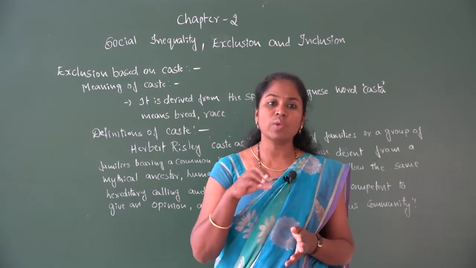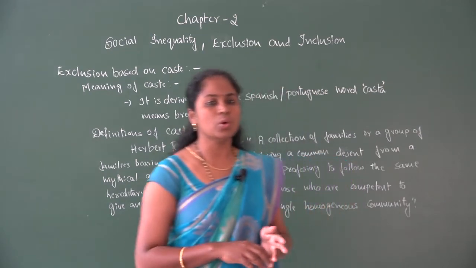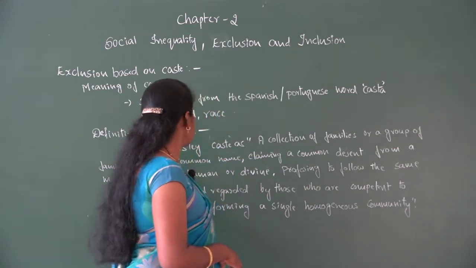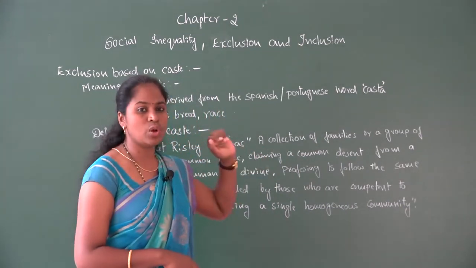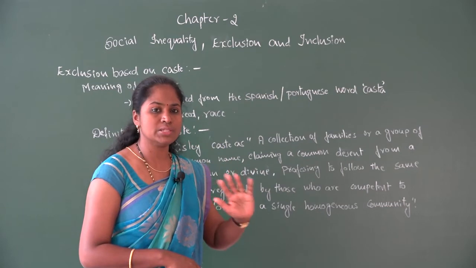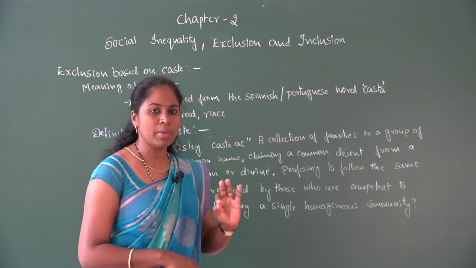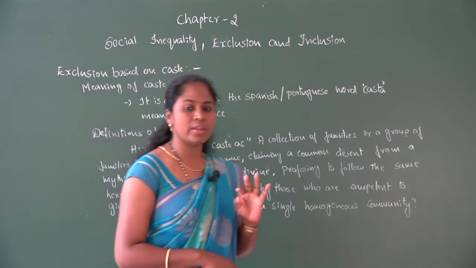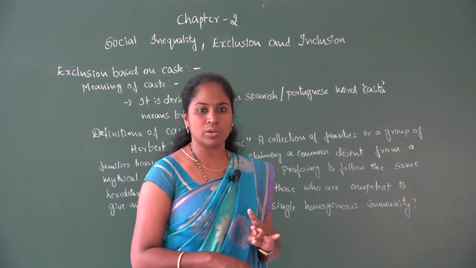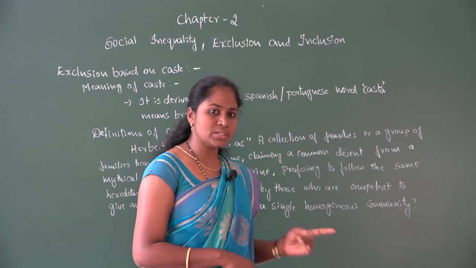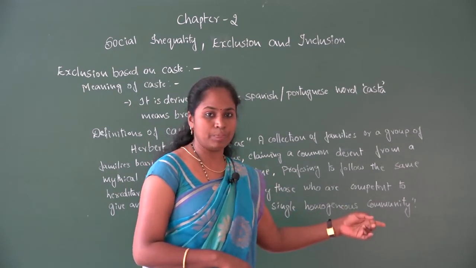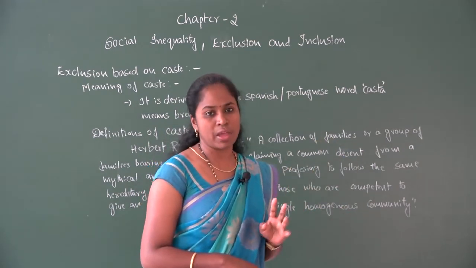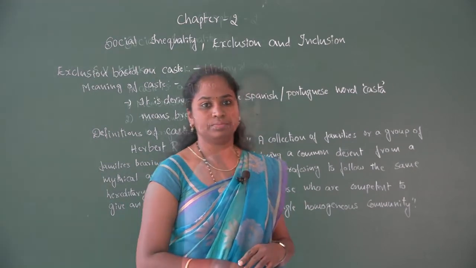So we call this a homogeneous group. According to Risley, it is a group of families with a common name, a common descent, and a common occupation. That is called a homogeneous community. So that is the caste system according to Herbert Risley.